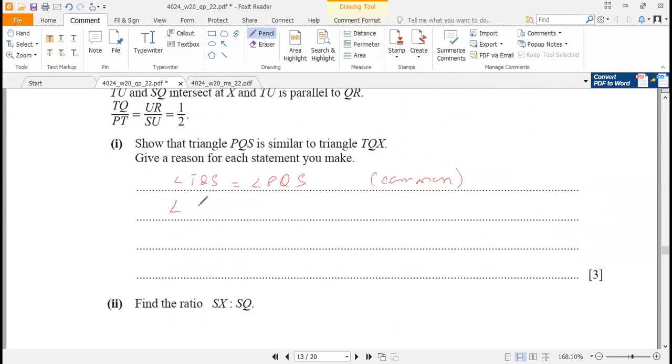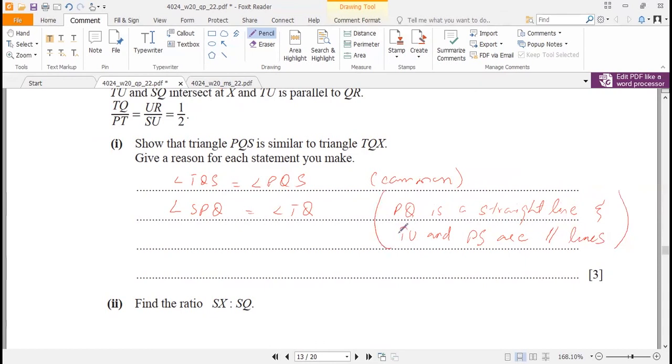So SPQ is equal to XTQ as PQ is a straight line and TU and PS are parallel lines.